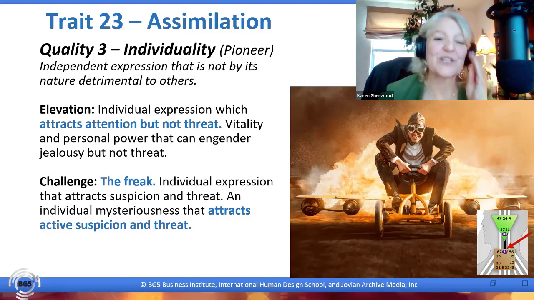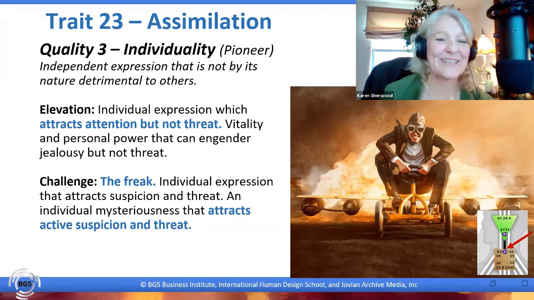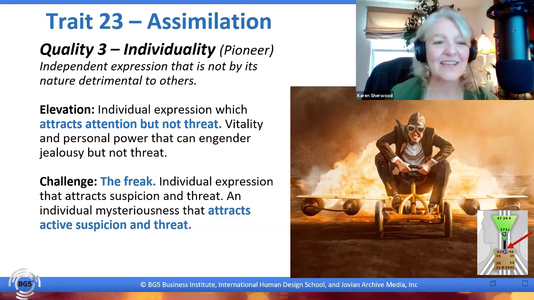And so I put this picture here because if we take a look at it, you can look at it sort of in two ways, right? You can take a look at this individual expression that looks really fun and looks really exciting. It's not a threat, right? But it definitely attracts attention. You can look at it that way. Or you can look at the same picture and see a complete freak, and it could be very threatening.